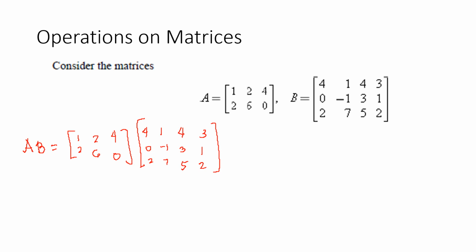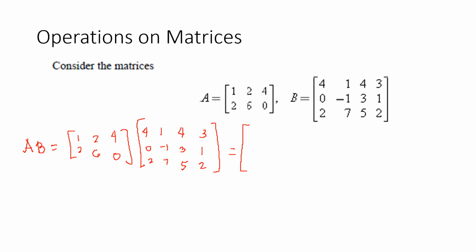Okay, so this would be equal to, if we are going to get the first element, the 1, 1 here, we are just going to multiply 1 by 4, 2 by 0, and 4 by 2, and add them together.